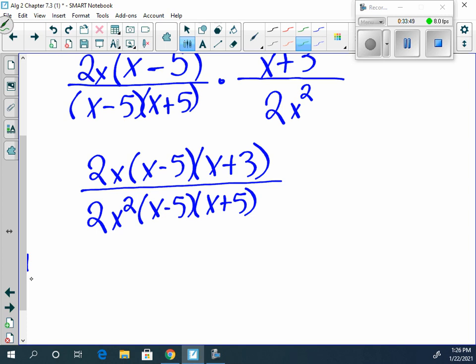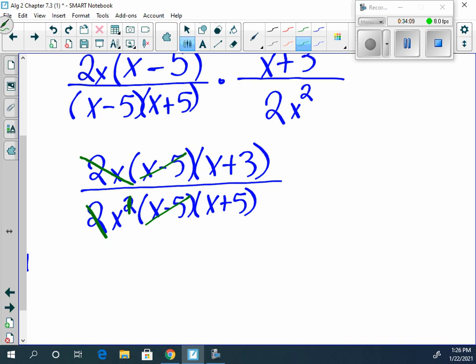Now looking at this here, is there anything that simplifies out of the numerator and denominator? x minus 5 and x minus 5. What else? So the 2x, the 2, but the x's don't simplify out fully in the denominator because we have 1 on top and 2 on bottom.